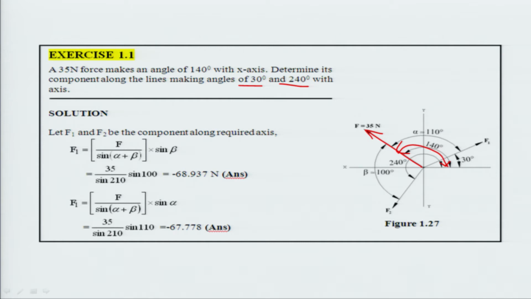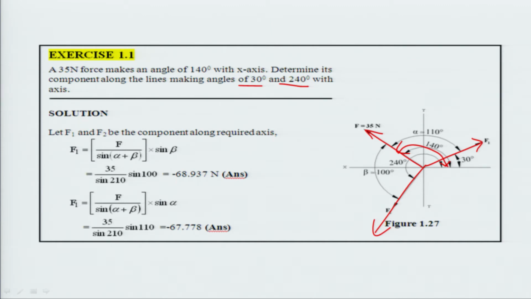Means we need to calculate the component of force along a line which is inclined at 30 degree from the horizontal, and another axis of the component is this 240 degree from the x axis. So, here what will be the value of alpha?